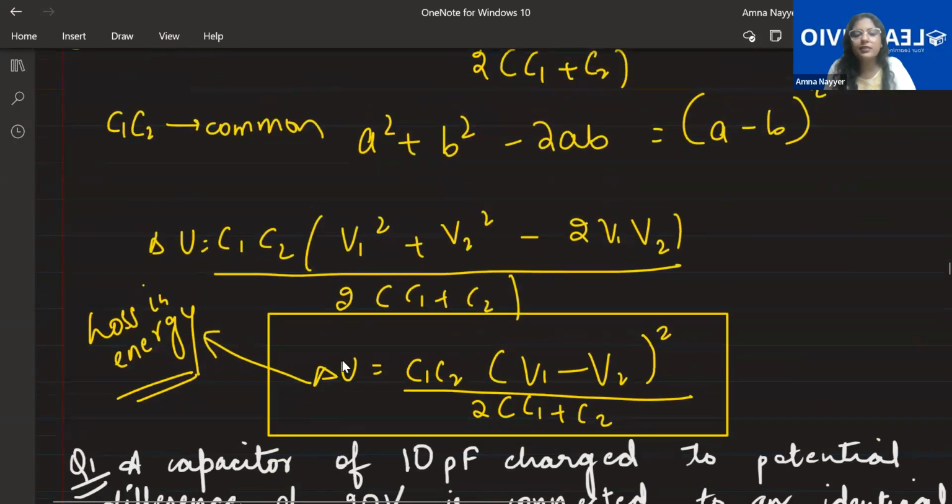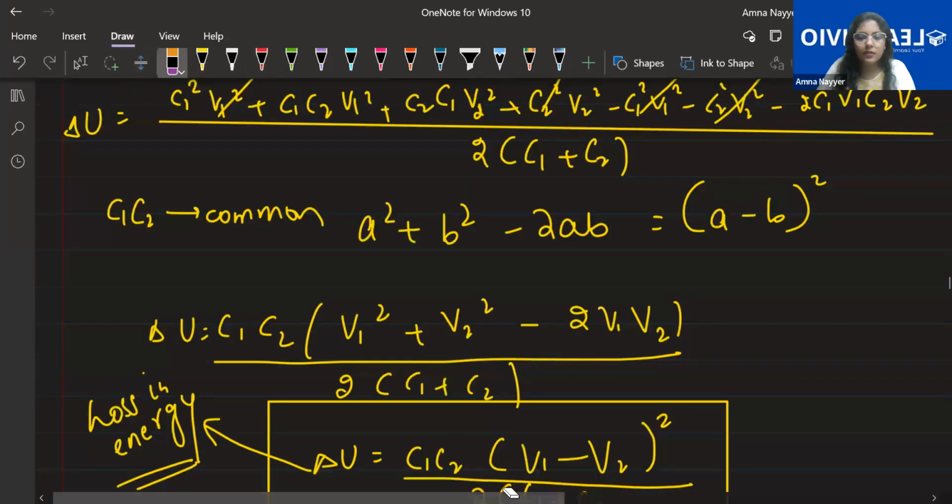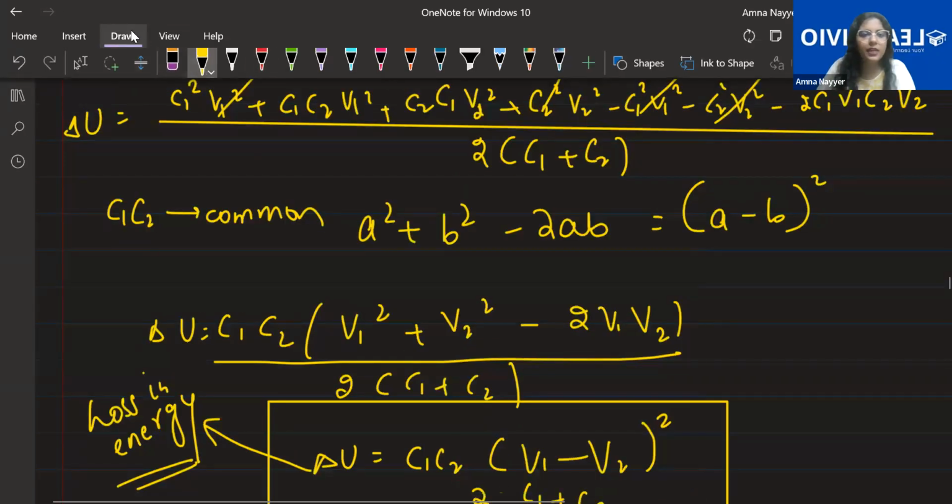And the formula is delta U is basically C1 into C2, product of both the capacitances, into the difference in the potential square. Now, if V2 is greater than V1, then write V2 minus V1 whole square. If V1 is greater, use V1 minus V2 whole square because anyways it's squaring, so it will be positive value. Divided by 2, C1 plus C2.